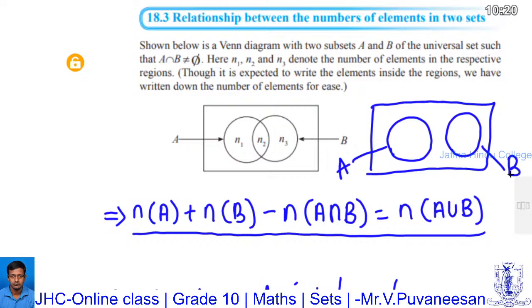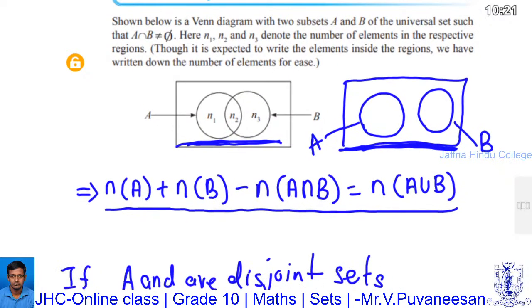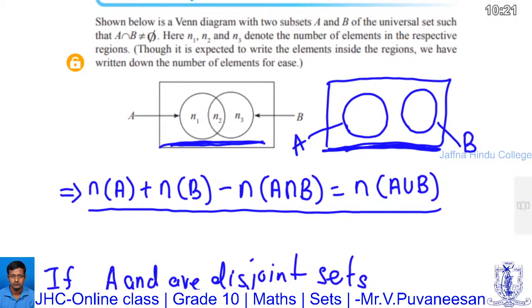So this is called disjoint sets. Here there is an intersection, so this is called joint sets. These were learned in the last class.